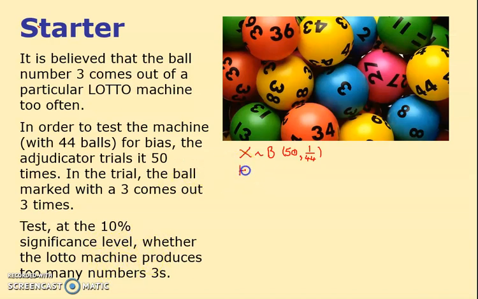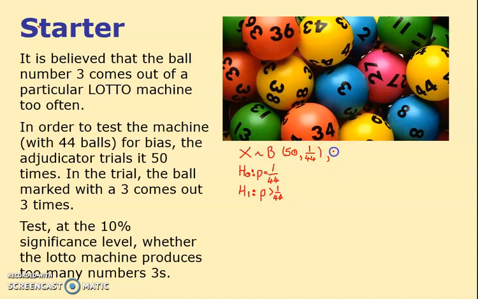So I suppose the assumption is H0, that p is equal to a 44th. Whereas H1, the alternative hypothesis, this is called the null hypothesis, H1 is the alternative, is that p is greater than a 44th, it's producing too many.